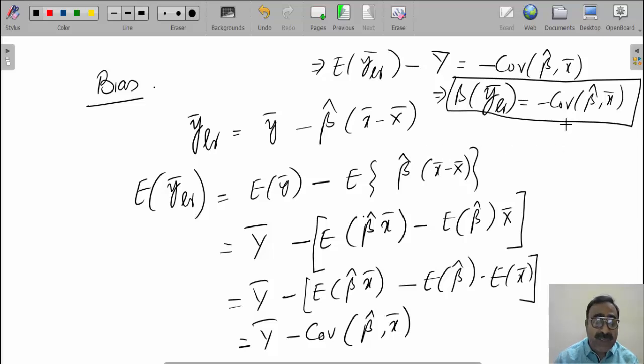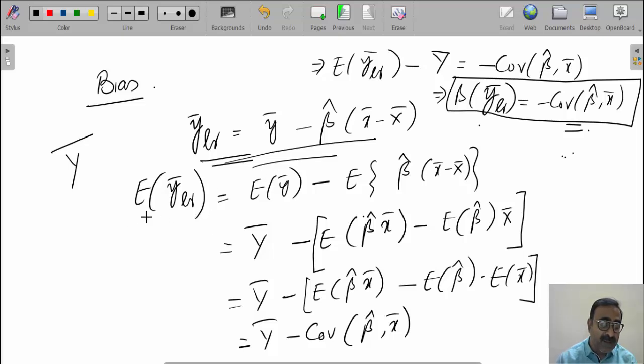This covariance becomes 0 if the relation between x and y is linear. So if x and y are linearly related, then the linear regression estimator ȳ_LR is an unbiased estimator for the population mean Ȳ. Now we have to find the approximation for the bias.